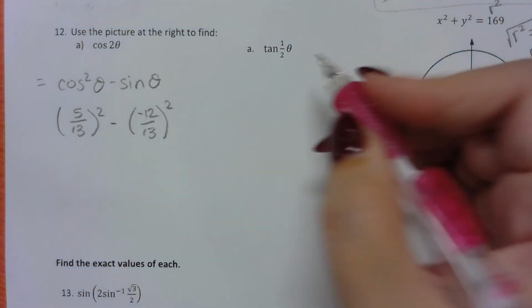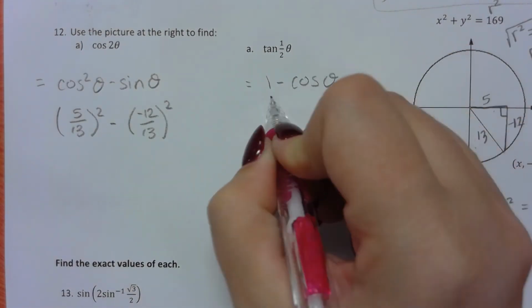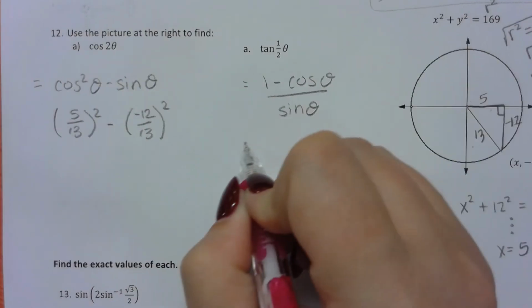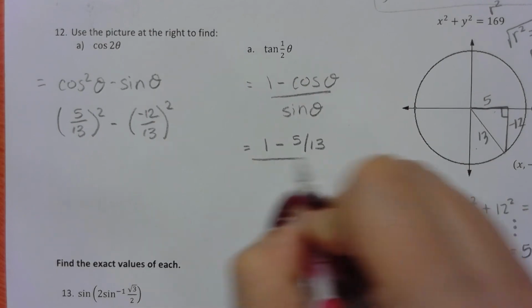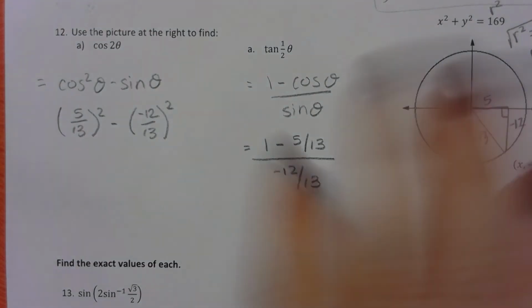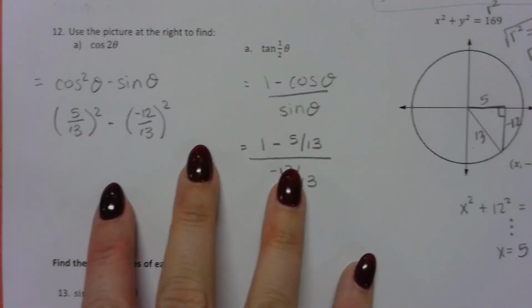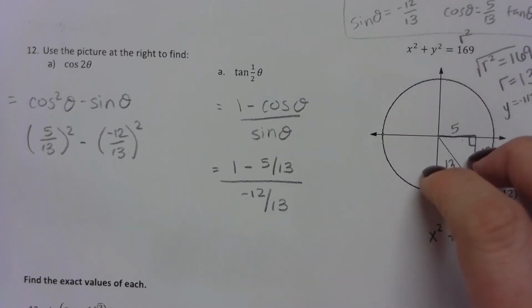Tangent of 1/2 theta, our formula is 1 minus cosine theta over sine theta. Plug in our numbers: 1 minus 5 over 13, over negative 12 over 13. Okay, finish this problem, check your answers. I just wanted to show you how this is a fancy way of saying set up a triangle and solve.